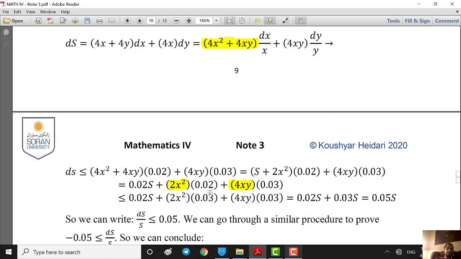So we use a trick. We say that 2x squared times 0.02 is smaller than 2x squared times 0.03, right? So we can say all of this is smaller than 0.02s plus 2x squared times 0.03 plus 4xy times the rest.